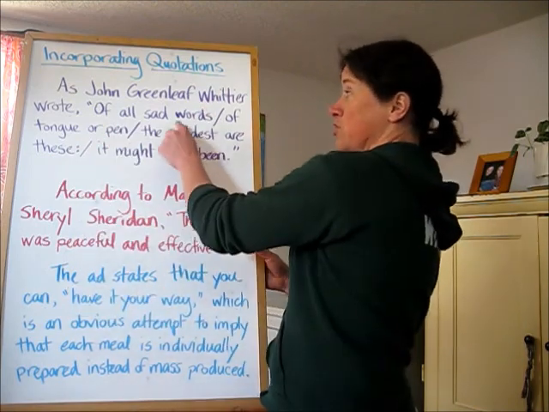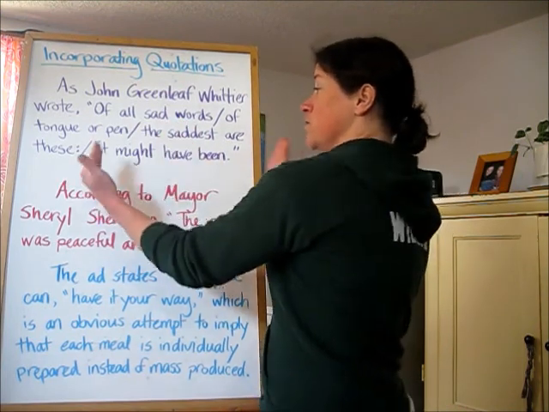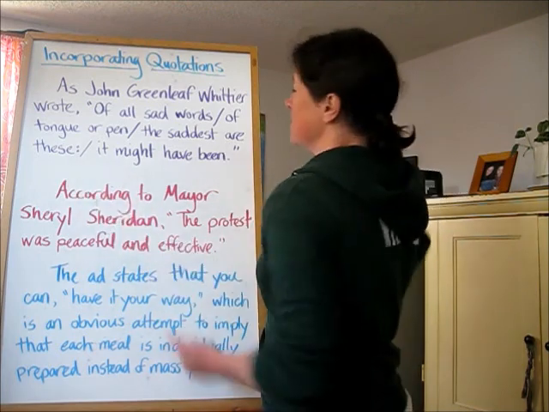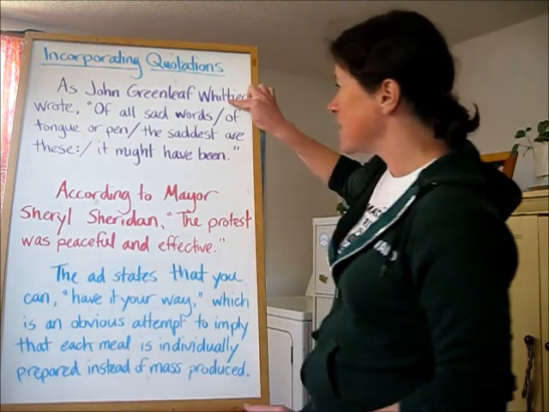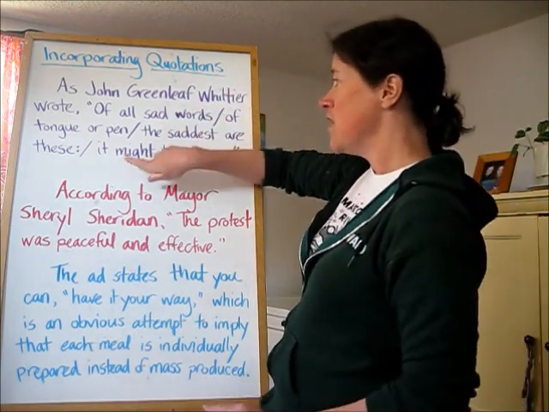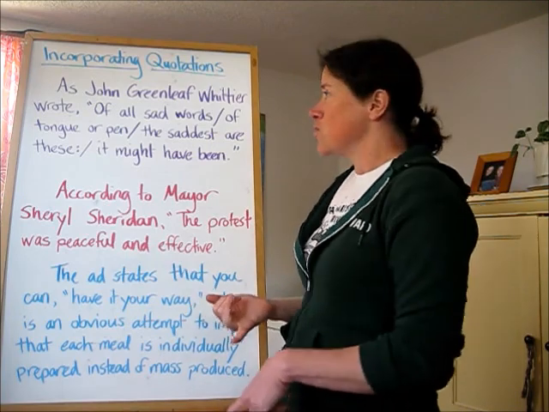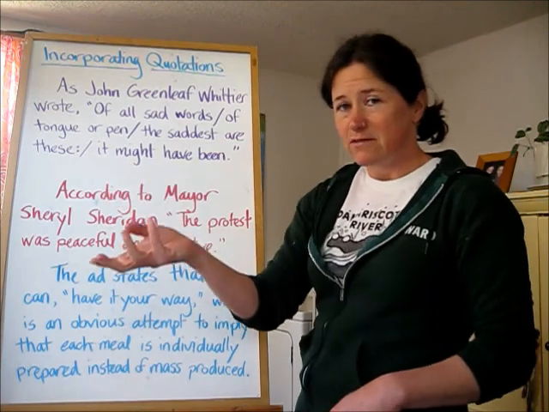You would do that if it took up more than 3 lines of writing, then you need to set it off in its own paragraph. It's indented. But here, we have incorporated it into the sentence. The forward slashes are what you use whenever you are quoting from poetry or song lyrics. There are often line breaks in between sentences.